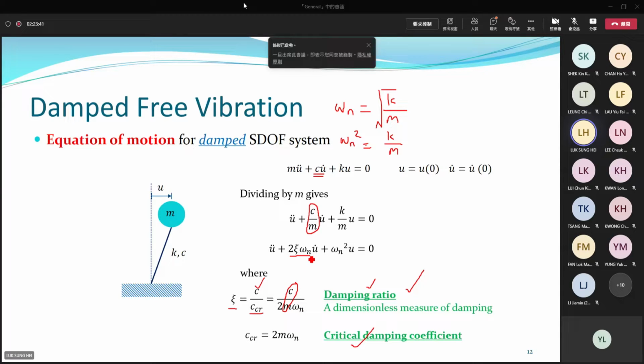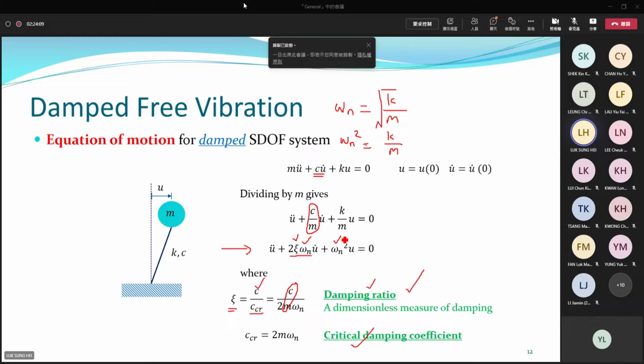So you can replace c over m using 2 omega n times damping ratio. That's why the equation here involves only two parameters after dividing by mass: damping ratio and natural frequency.